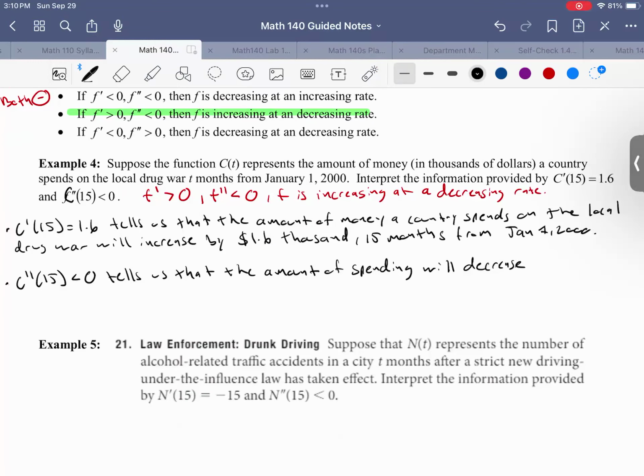That's what that negative is telling us, in the following months after those 15 months. So it's going to decrease. And if you want to be specific, it's going to be less than 1.6 thousand.